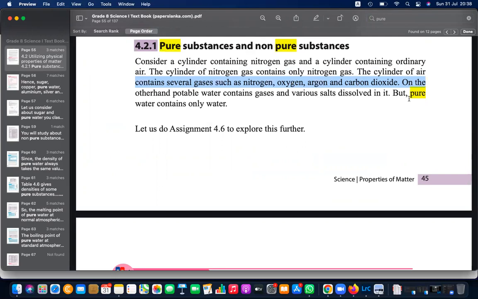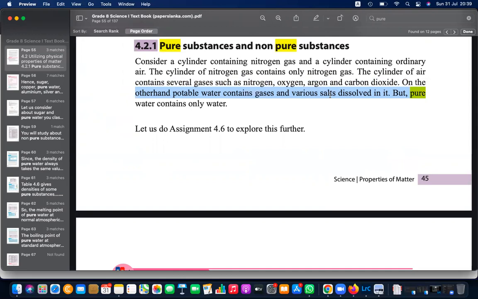Let's think about water in a well, or water in a river, or saline water in the marine environment, the ocean. These are non-pure. Why? Because it's not just water.